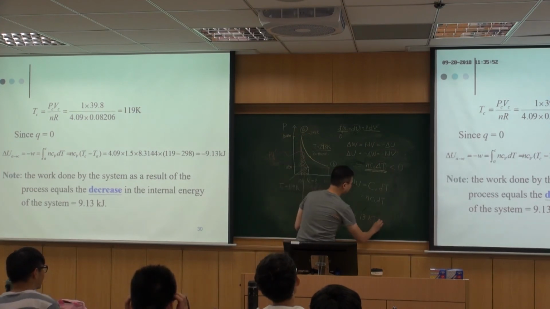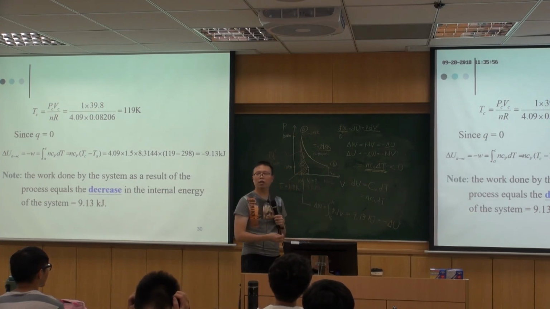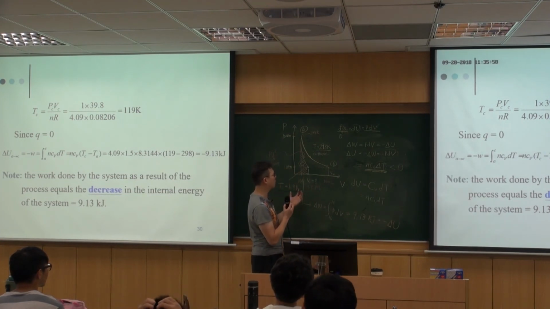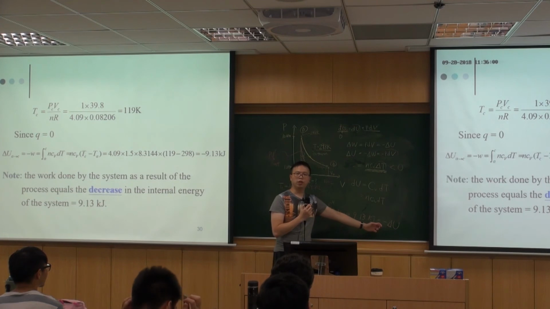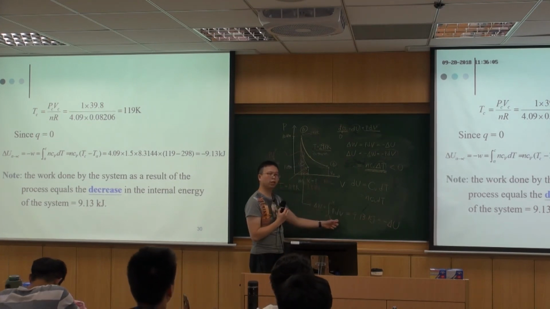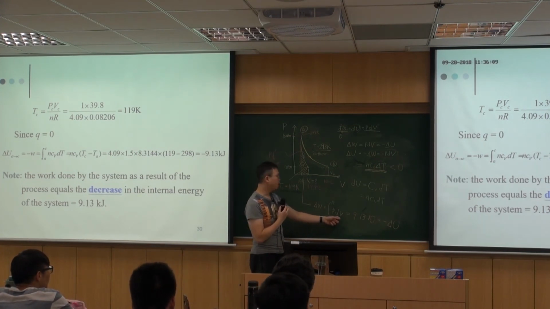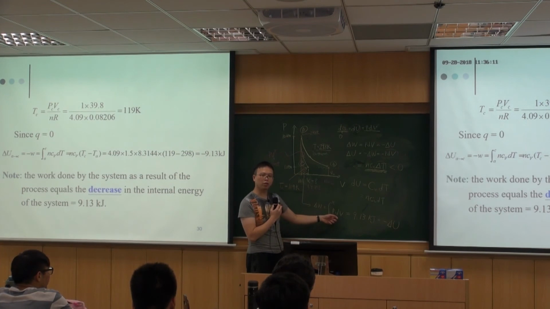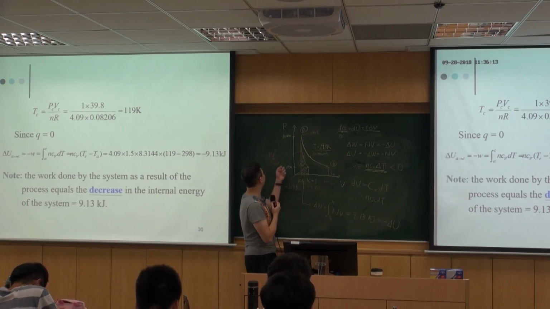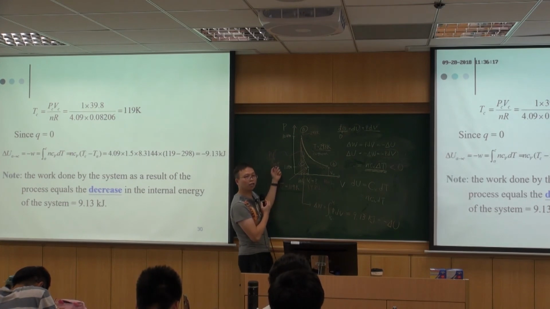And this is the minus delta U. In this case, because this is an adiabatic process, you can do that from here instead of doing this. That being said, you can also use this to calculate because you know that PV to the power of gamma is a constant.